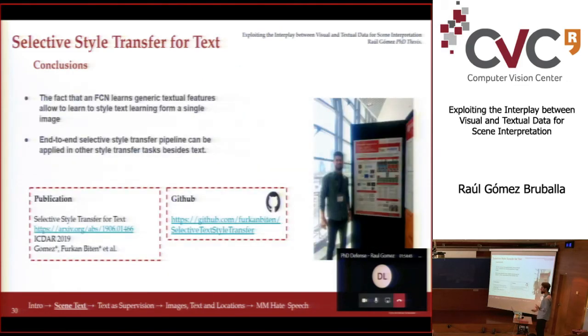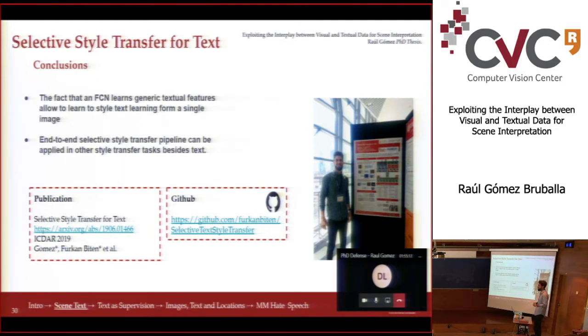So the conclusions of this last question are, first, that we are able to transfer styles between text images learning from a single image because the network is learning textual texture features. And second, that the end-to-end method we propose for selective style transfer can have many other applications in other domains.